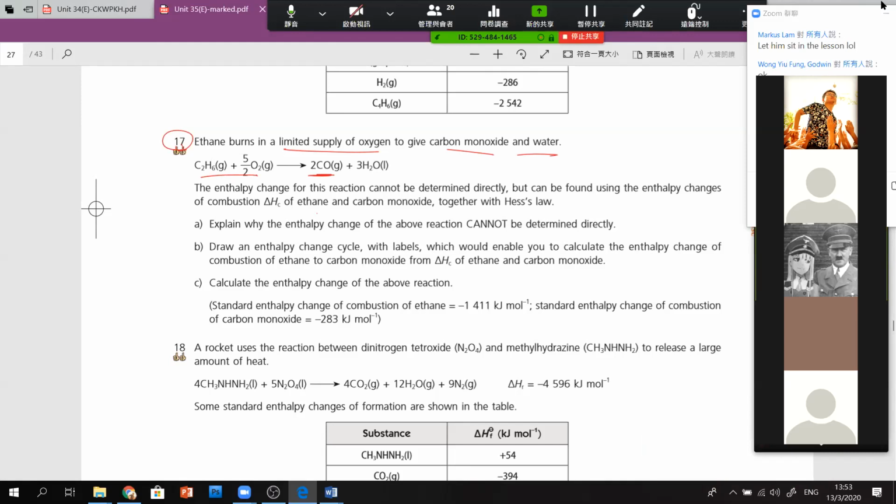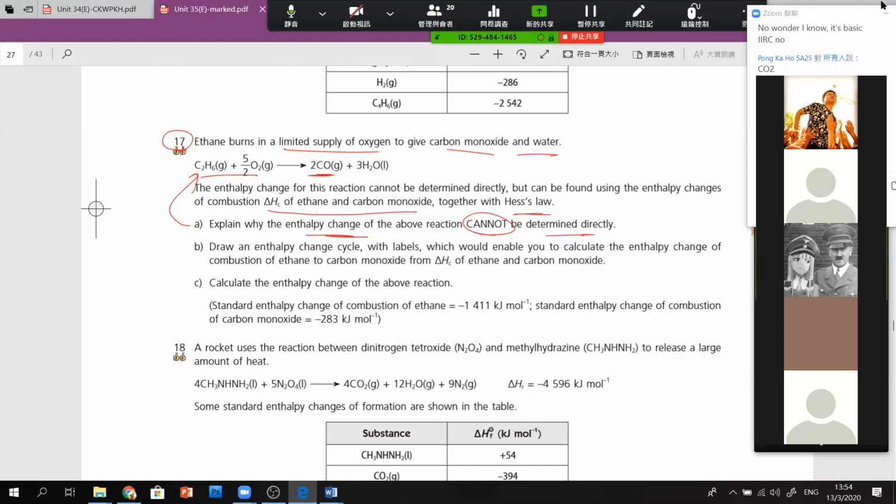Okay, so first, explain why the enthalpy change of this reaction cannot be determined directly. Why can't we get it directly? You just write down CO2 and the answer is incomplete. Now, could you please elaborate more on this part?